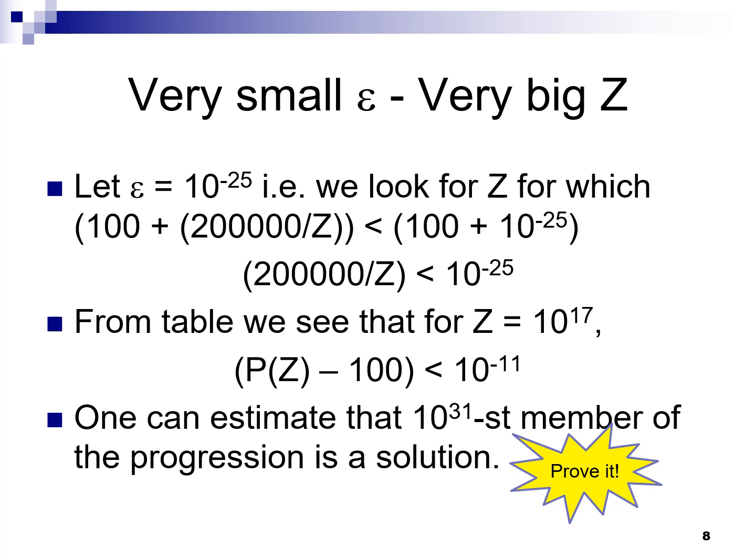And what we expect is that 200,000 divided by z must then be less than 10 to minus 25. And from the values in the table, we can easily guess that z should be somewhere around 10 to 17.